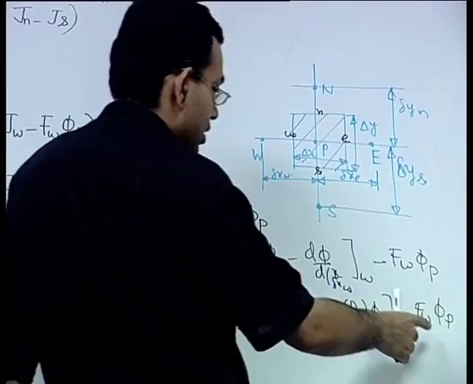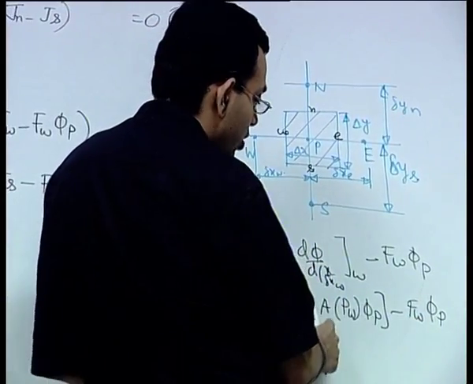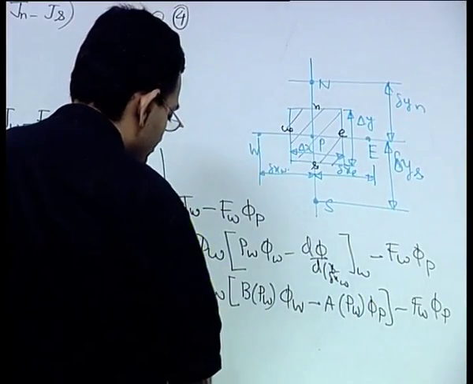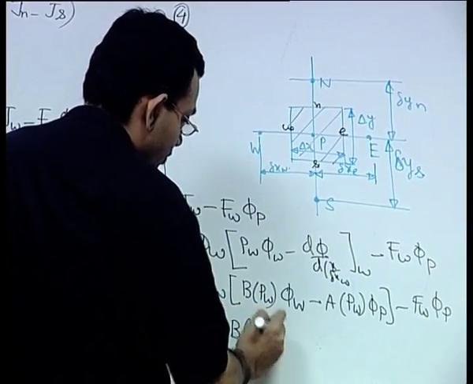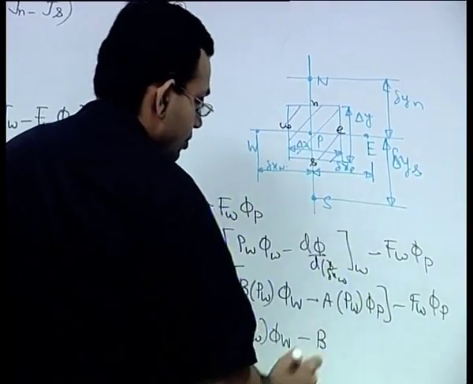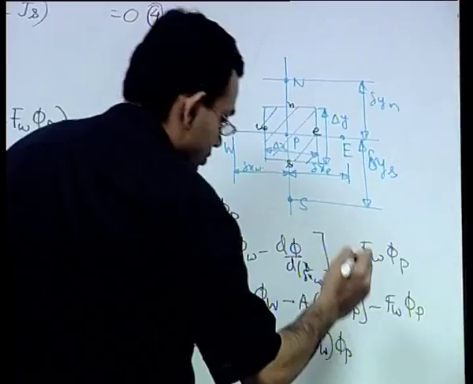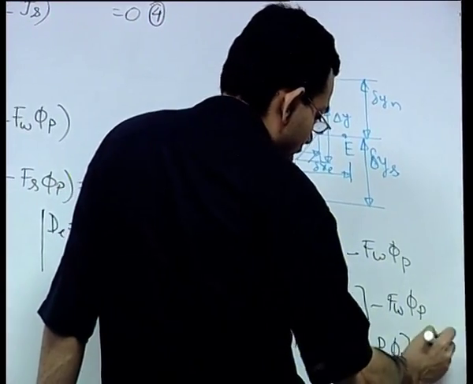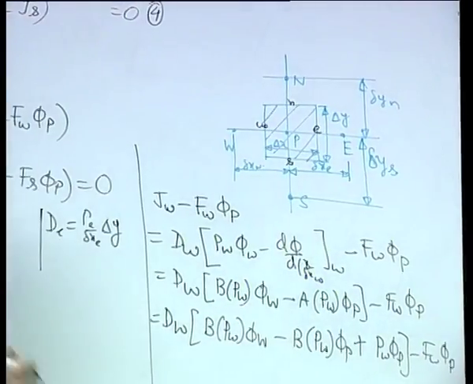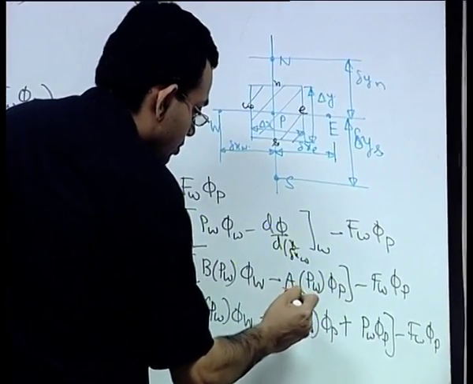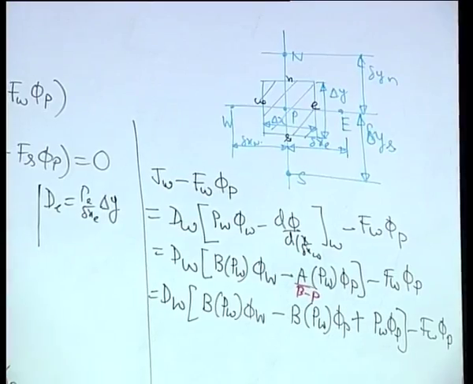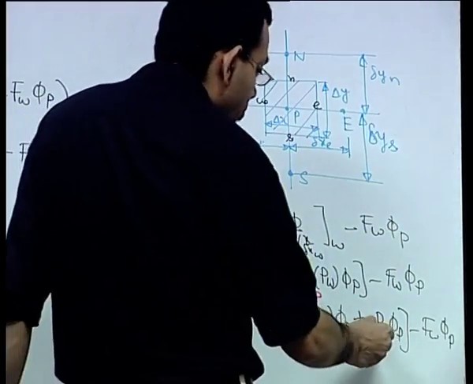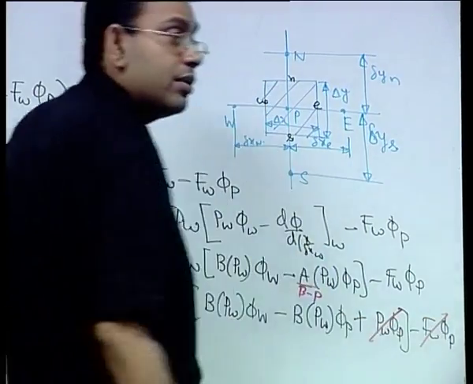Now you have to eliminate Fw phi p here. So instead of this A you can write this as B minus P. So dW B Pw phi w minus B Pw phi p plus Pw phi p minus Fw phi p, where we have written this A as B minus P. Now dW into Pw is Fw into phi p, that Fw into phi p term gets cancelled out.